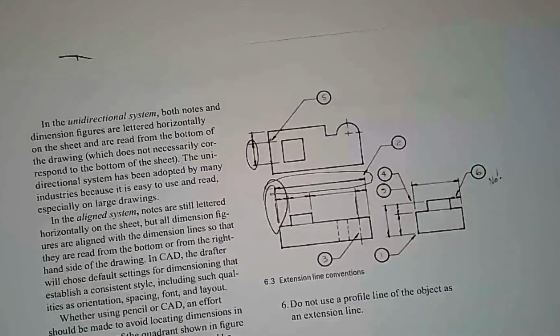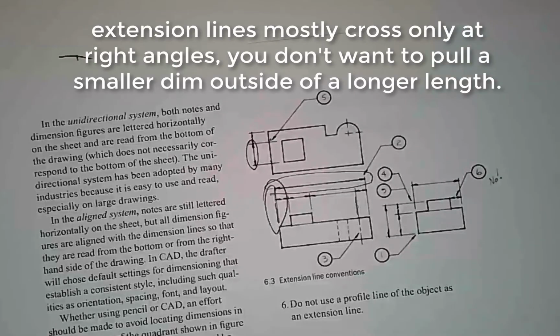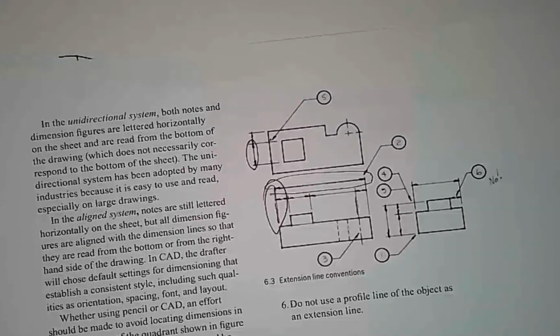So we have extension lines that extend your visible profile, and then we have dimension lines that run between the extension lines in order to note where the dimension falls. Your extension lines generally don't want to cross each other unless they have to, and you try not to use lines coincident with the profile of the object.